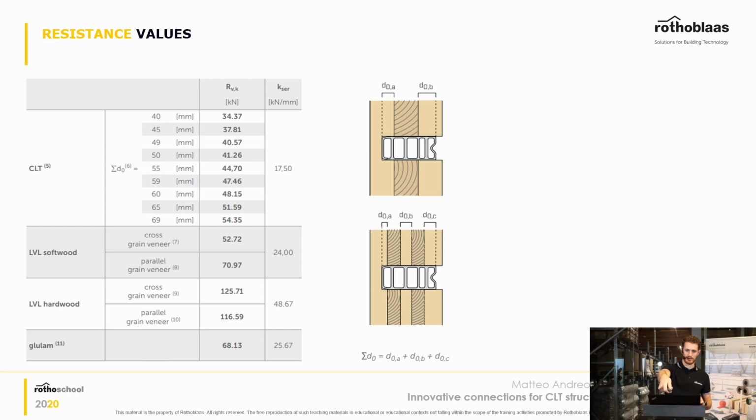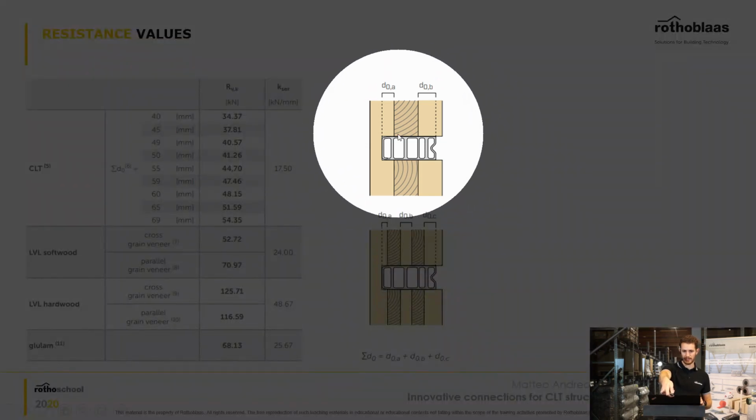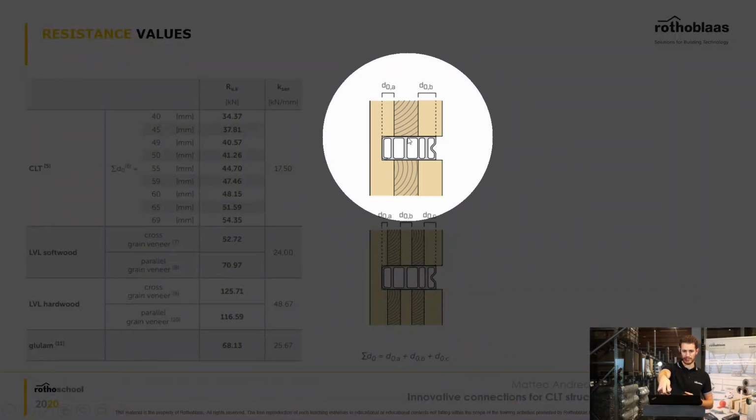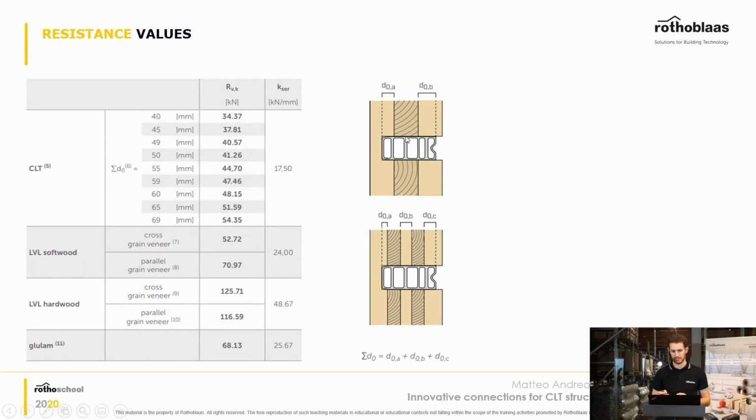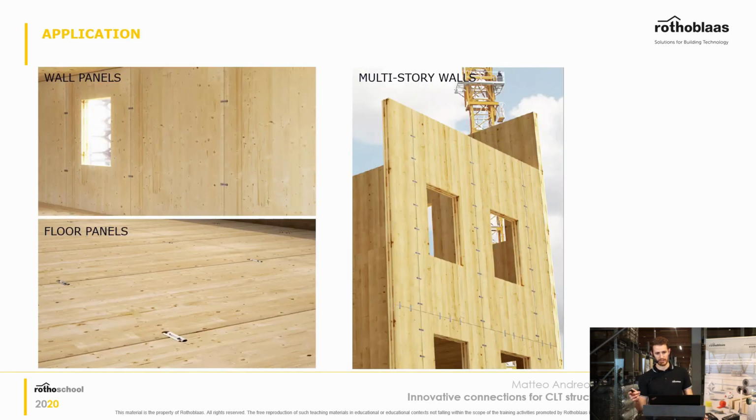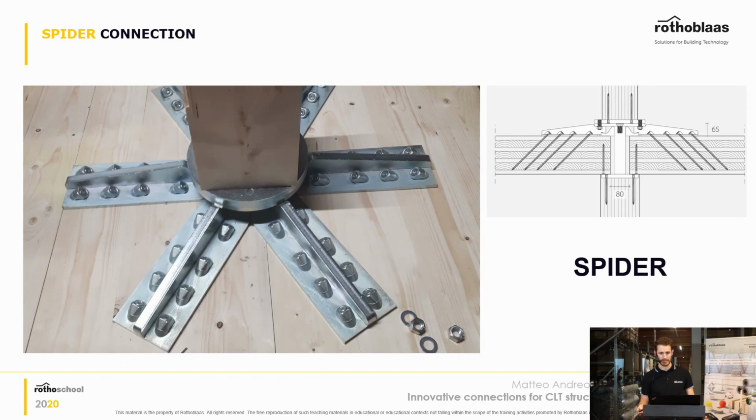All the places where the grain is perpendicular are not resisting as much, so just by calculating the area where the grain is parallel to the force, you can easily calculate with the tables provided how much is the resistance of this product. And you can use it, as we said before, on wall panels, but also on floor panels or on curtain walls, for example, on big multi-story walls like the one you can see in the image.